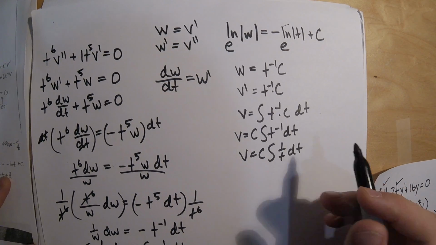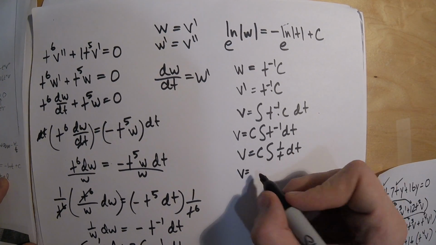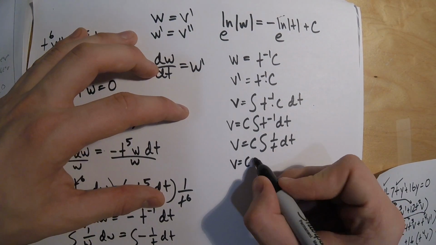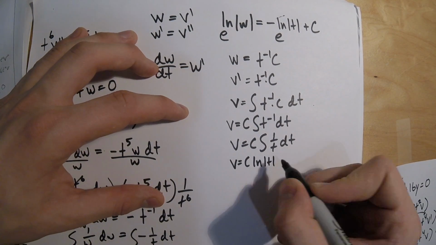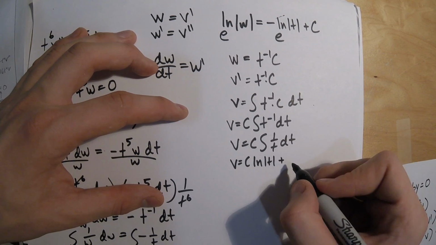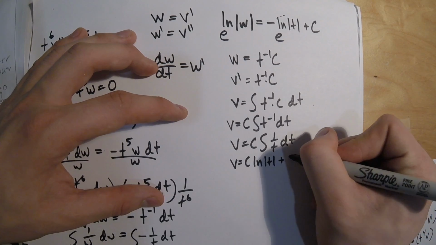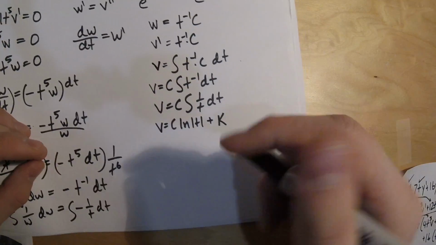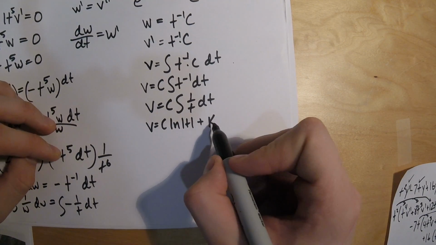When you take the integral of this, you're going to get v equals c ln of t, and also here we're going to get another constant. I'm going to call this constant k. So we have c ln of t plus k.